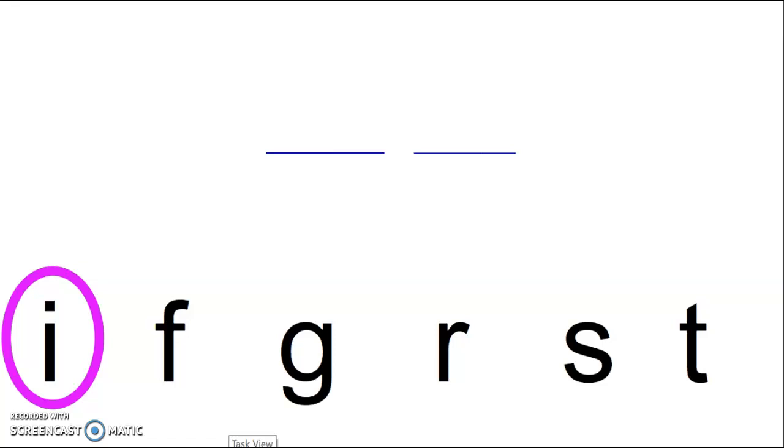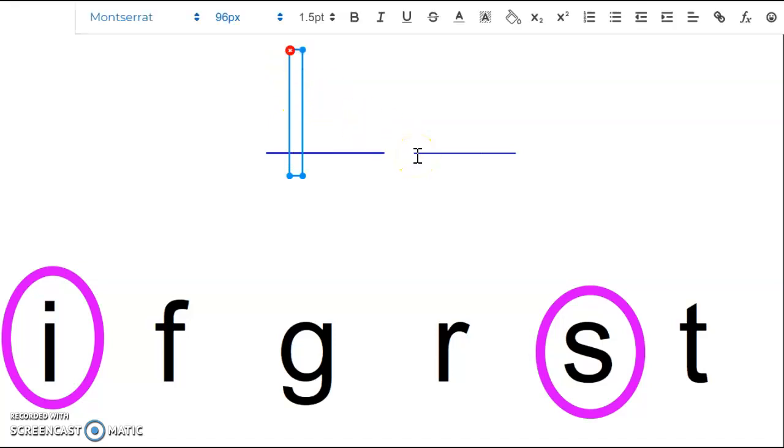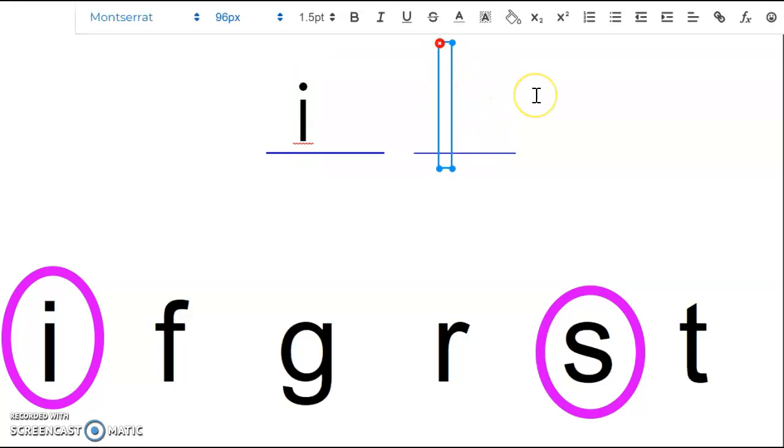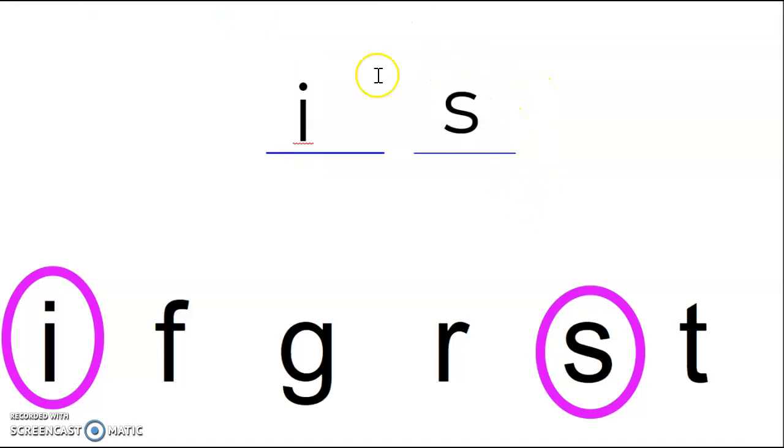The second sound I hear is S. Which letter makes the S sound? Letter S makes the S sound. Okay, let's go ahead and write the word is. I, S. I, S spells the word is.